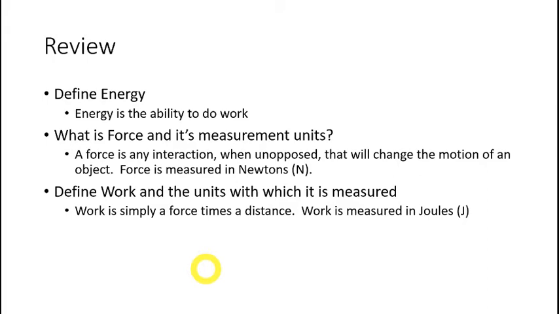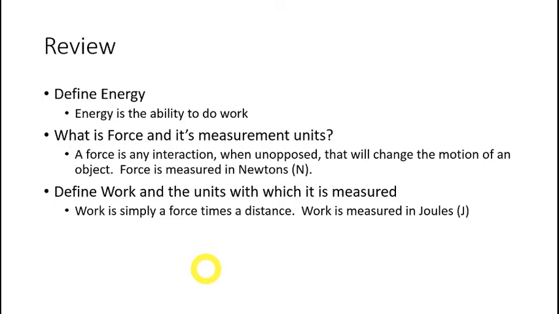So we have a certain force that is pulling on us at all times, gravity, and we have to, let's say, lift a box up on a shelf, and there's going to be a certain amount of work that we're going to have to do to lift that box to overcome gravity and put it up on the shelf.